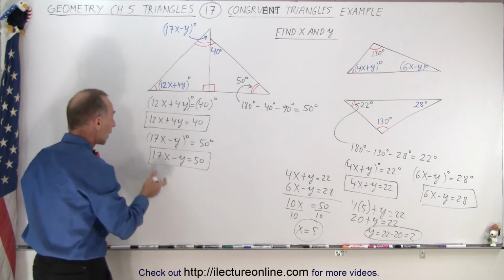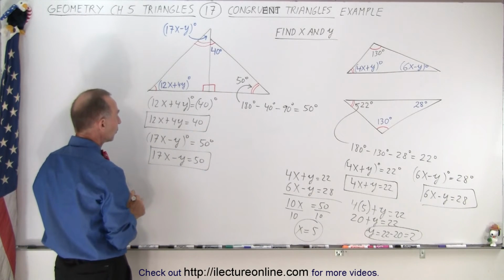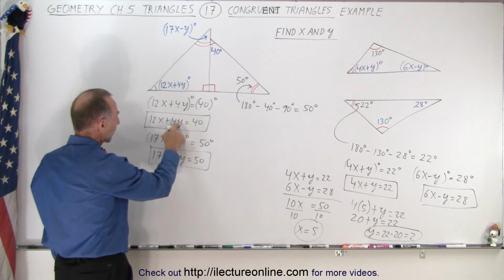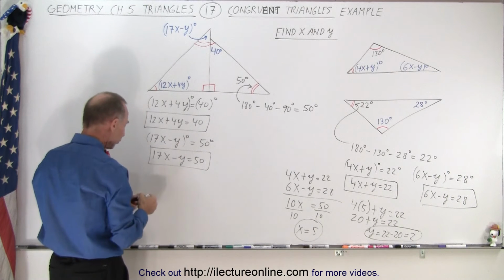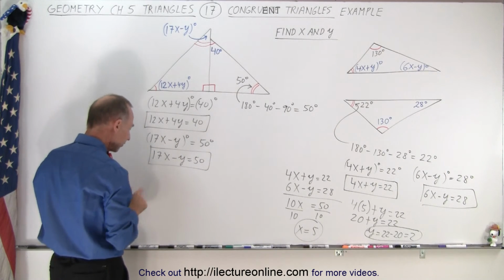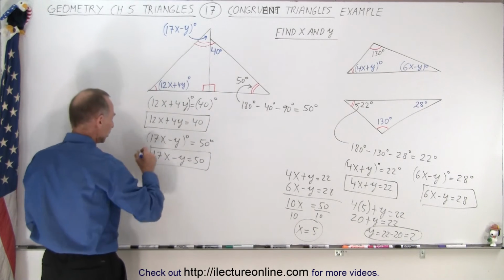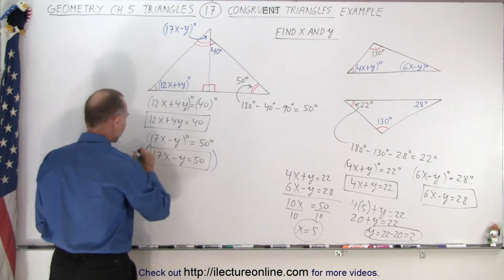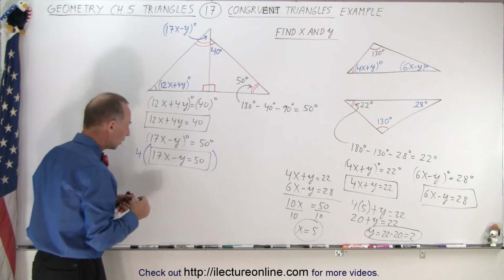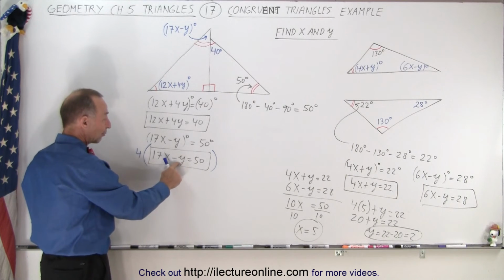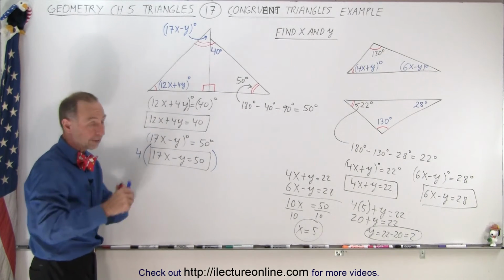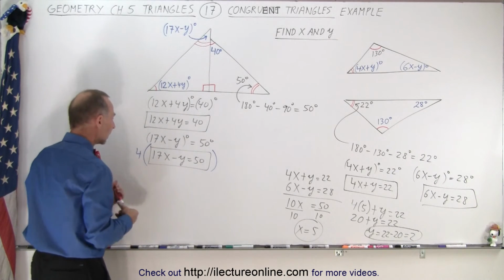Now I need to find a way to eliminate one of the unknowns. And notice I have a plus 4y here and a minus y. So if I multiply both sides of the equation by 4, then this becomes minus 4y, and then I can add the two together and the y's will cancel out.